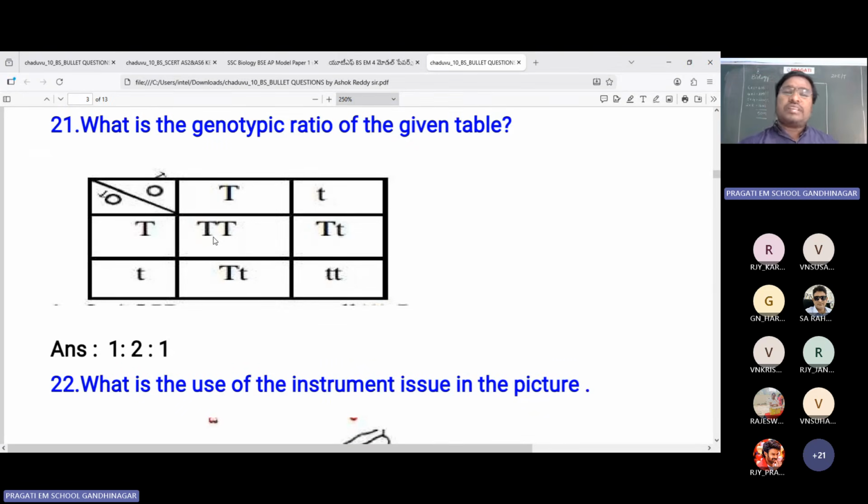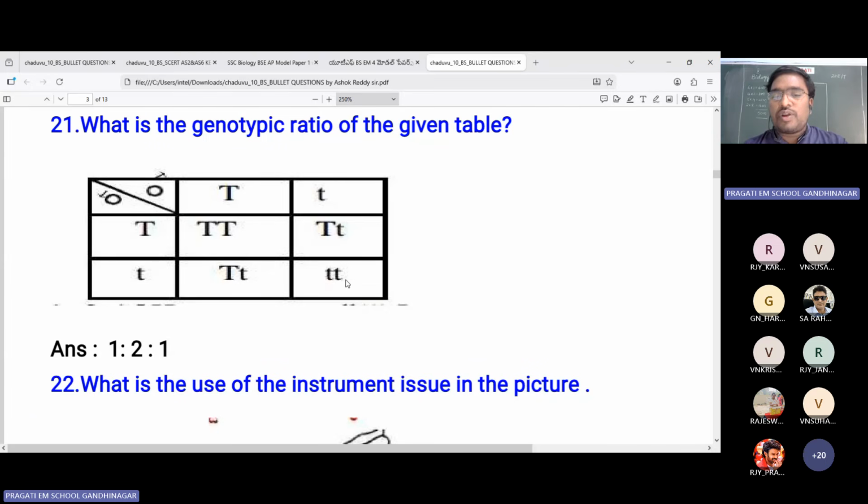This homozygous trait is a pure trait. This is one genetically, and these two. Please observe these two traits, children: capital T and small t. These are impure traits. Then the last one is small t small t.